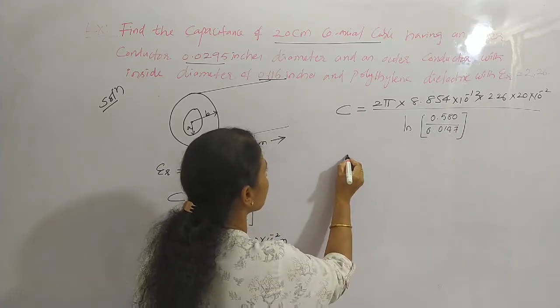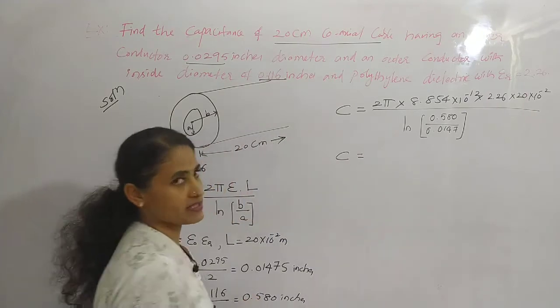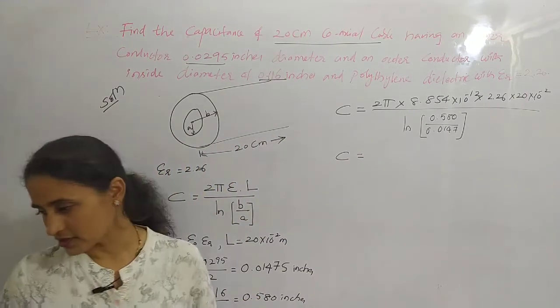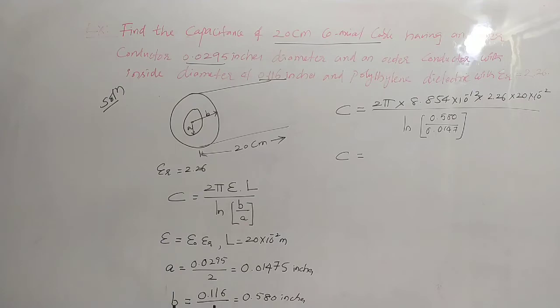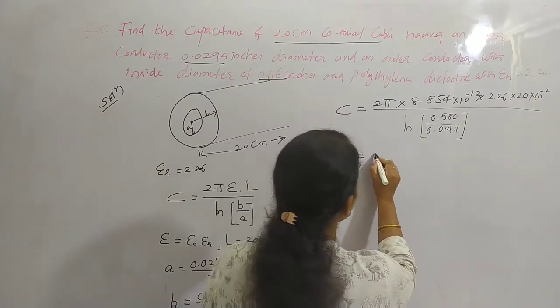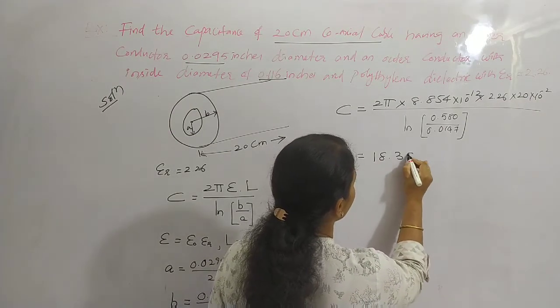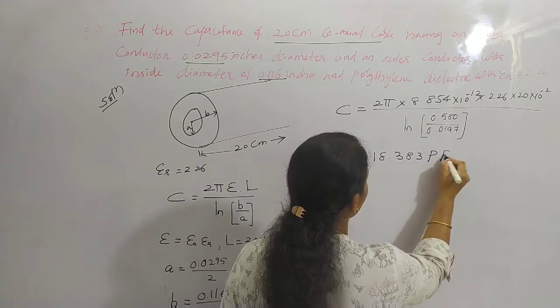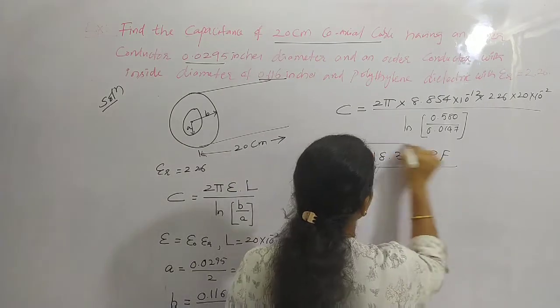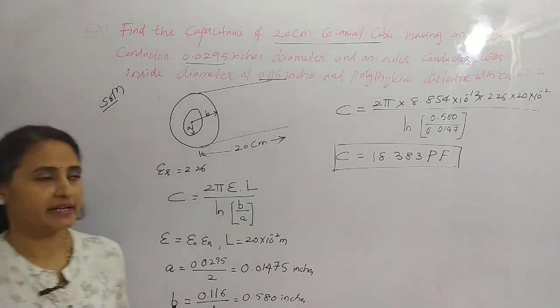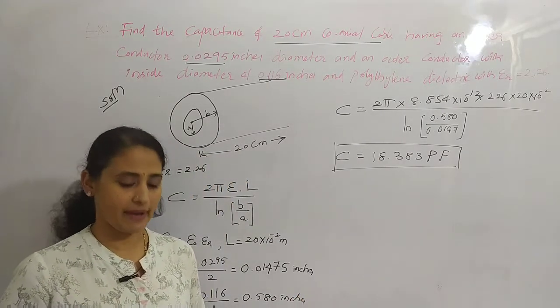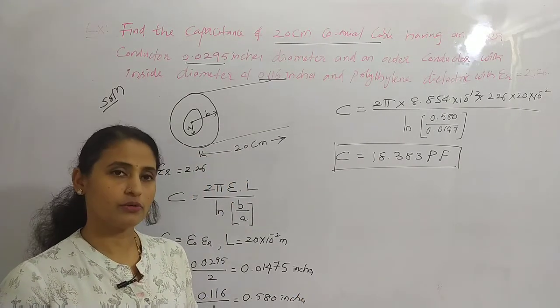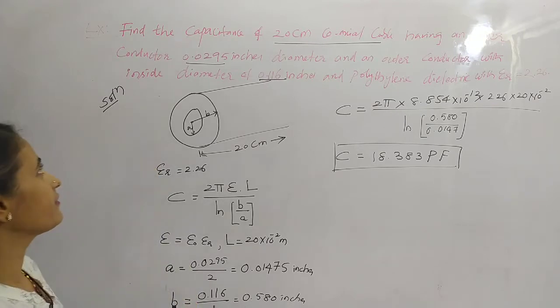Simplify this and you get the capacitance of the coaxial capacitor, which is 18.383 picofarads. Pico means 10 power minus 12.